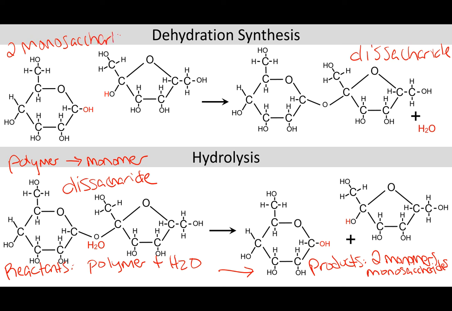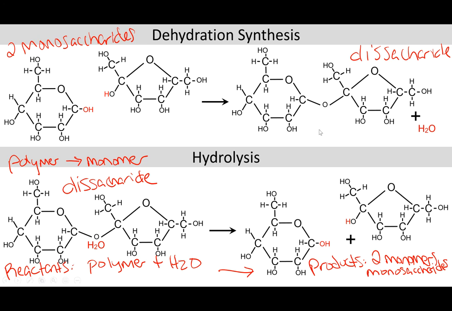I know it sounds like I'm being repetitive, but you used a lot of new words today, and a lot of them mean the same thing, and you have to be able to be fluent and understand what someone is talking about, whether they use the word monomer or monosaccharide, right? Monomer applies to all building blocks. Monosaccharide is specific to carbohydrates, right? So the monomer of carbohydrates is monosaccharide. The polymer of carbohydrates is a disaccharide or a polysaccharide.